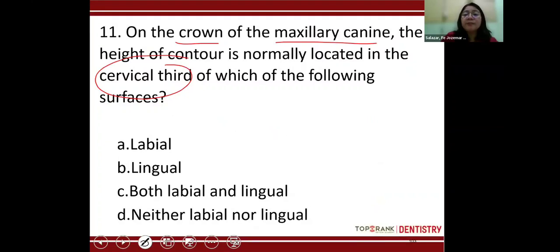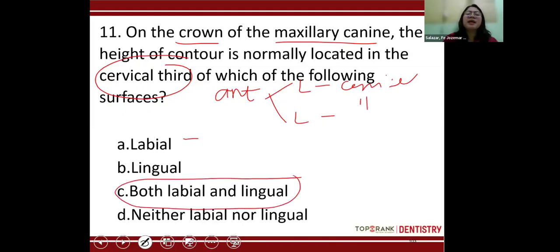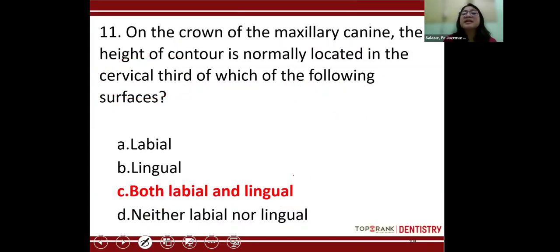Labial, lingual, both labial and lingual, neither labial nor lingual. Very good. Labial third, pag anteriors, di ba? Pag labial, it's cervical third, lingual, cervical third pa rin. So yes, both labial and lingual. Okay, number 11, the correct answer is letter C.